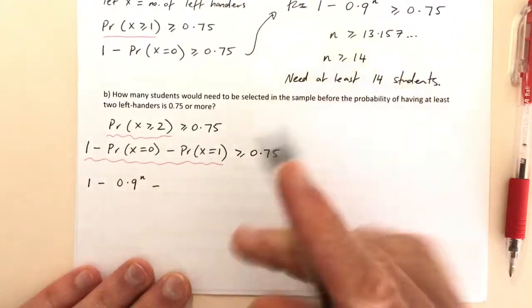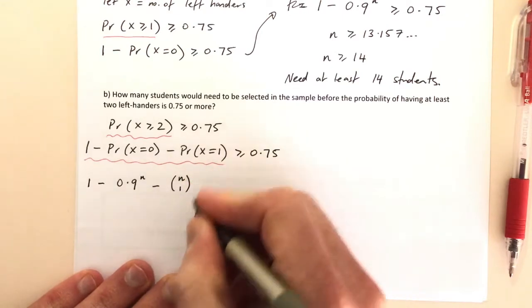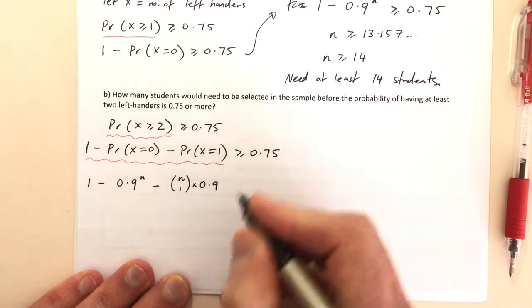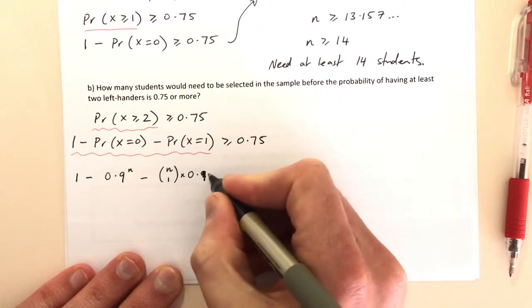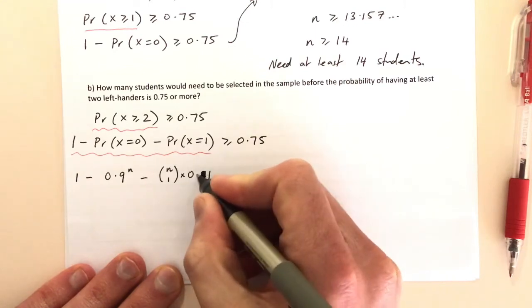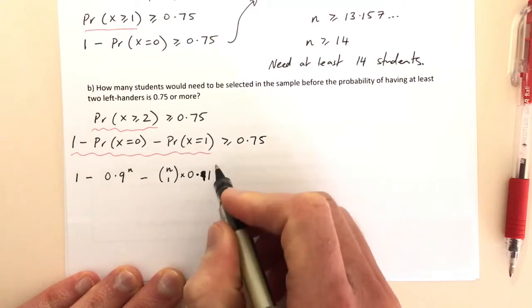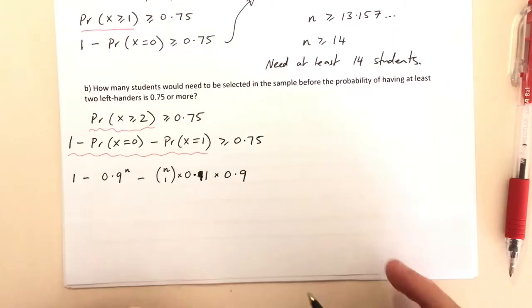So what this is saying is we want n trials with 1 success times by 0. Oh, I've mucked it up. I probably should have put the 0.1 first. So let's put 0.1. Sorry, that's a little messy. We want 1 success, right? So we want 1 left-hander, so 0.1 to the power of 1 times, and the rest of them we want to be failures, 0.9.